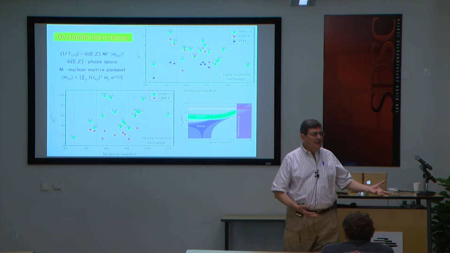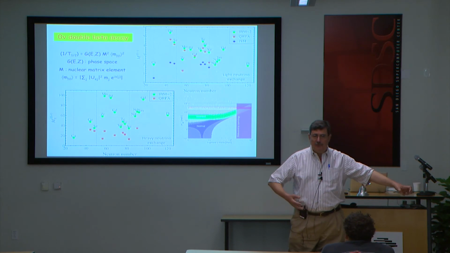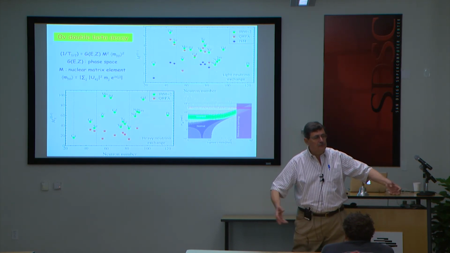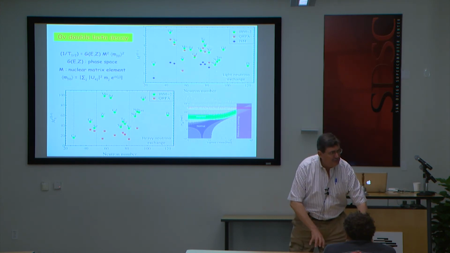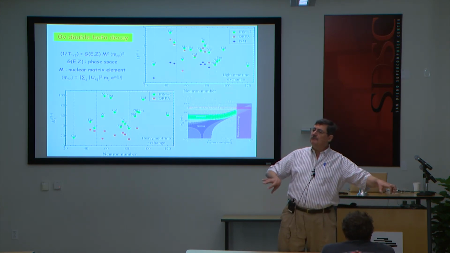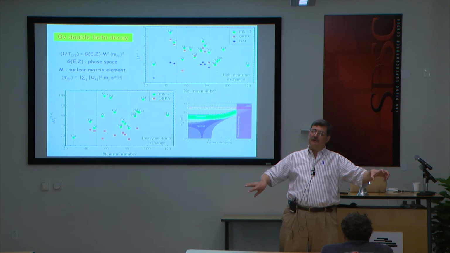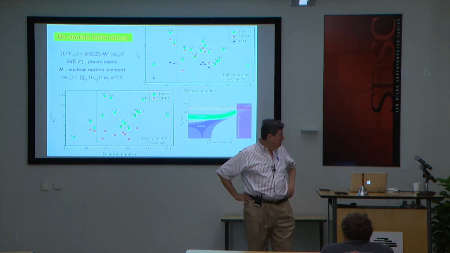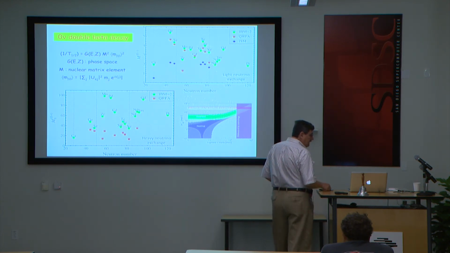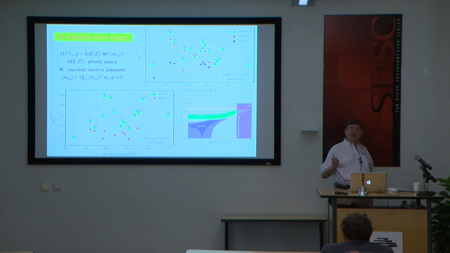Double beta decay is basically the overlap between two wave functions of two nuclei, one apart. I mean, they're not next to each other, so those two nuclei can be very different. One can be spherical, one can be quite deformed. As a result, that makes the overlap very small, because different wave functions, when you take their overlap, will give you a small number.